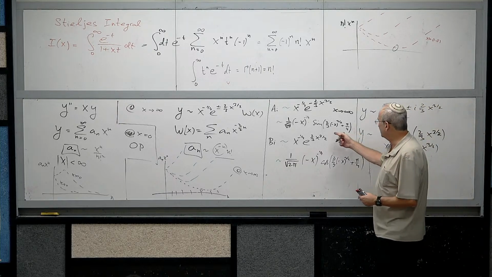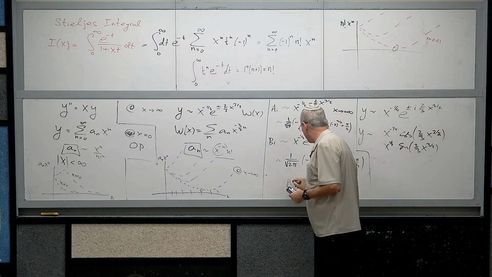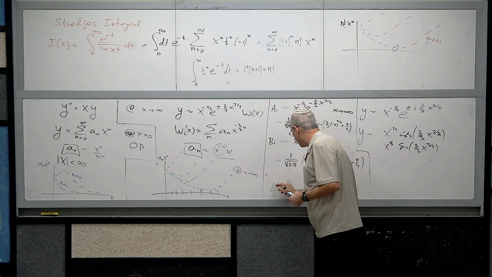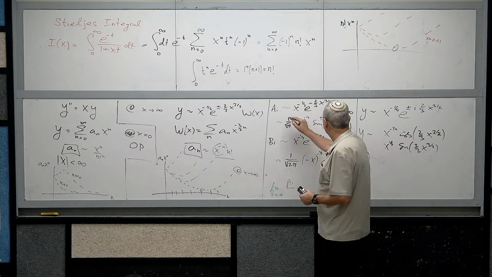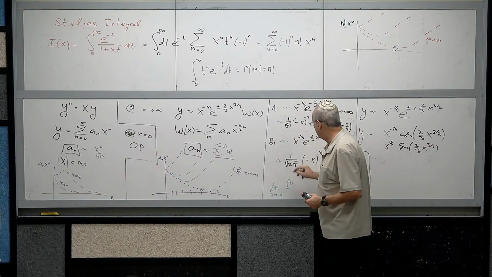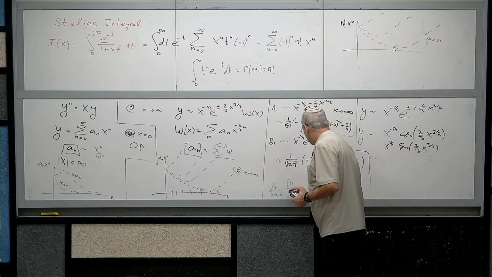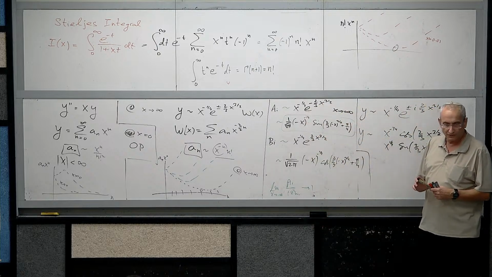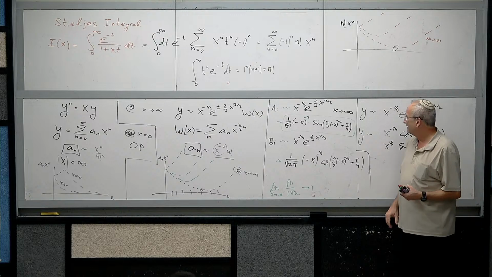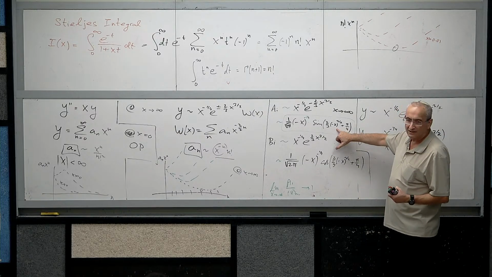Because what does asymptotic mean? The limit as x goes to minus infinity of Airy divided by this expression, minus x to the 1/4 sine and so on, is going to 1. However, these functions have zeros.